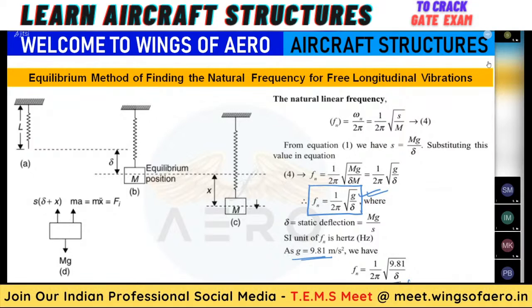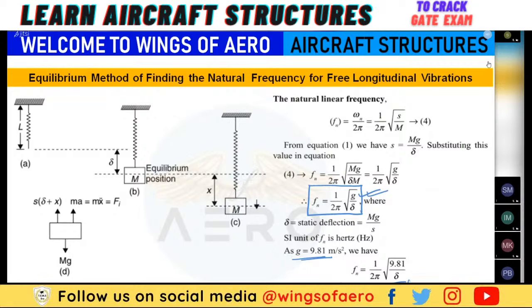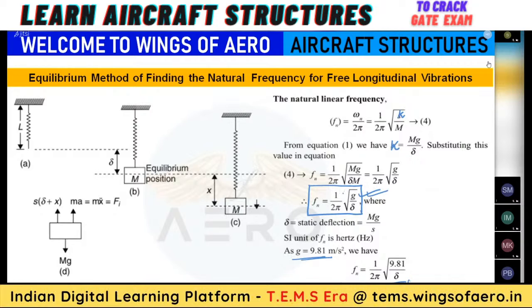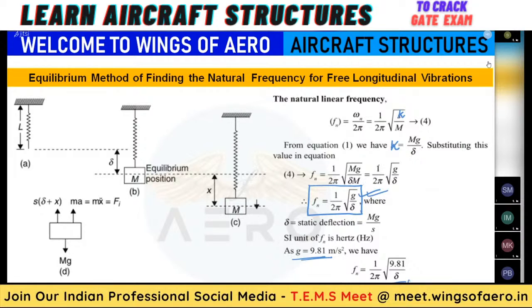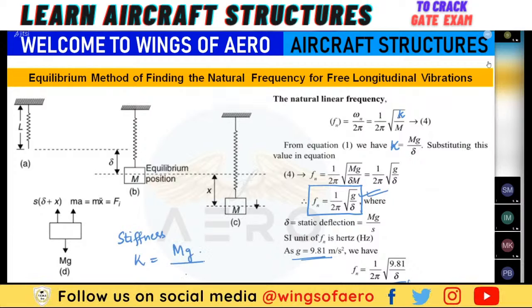This f is in terms of hertz. In some textbooks, instead of k, they have written s. Either convention is fine. I always mention that the convention is not that important, but understand the concept. So the stiffness k can be said to be mg by del.